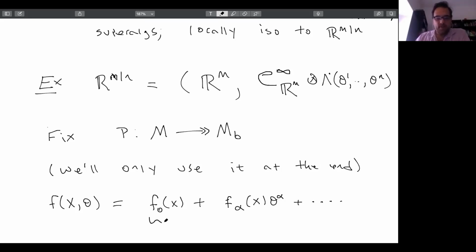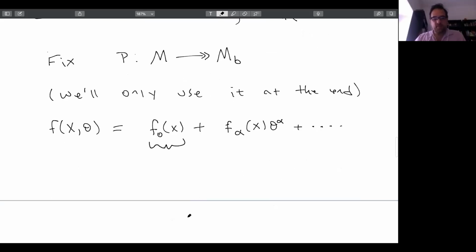Where this is just an ordinary smooth function, this is called the body of f. And everything that depends on these anti-commuting coordinates is the soul.